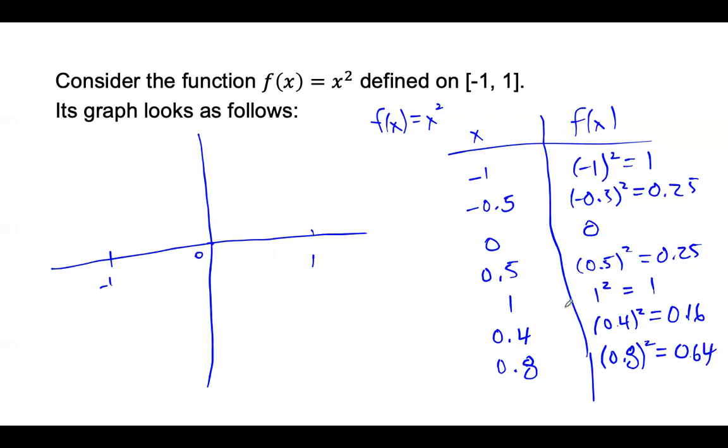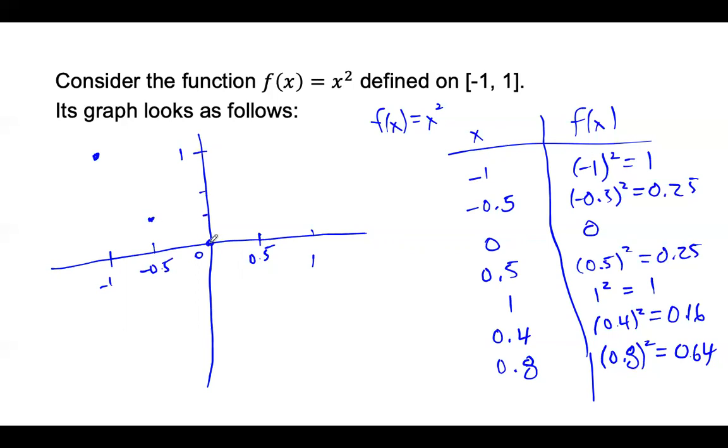So you can just make a table of values and then you can plot them. So this is your ordered pair, 0, 0. So that's your first point. Label maybe a few more points here. So at -1, we have 1. At -0.5, we have 0.25. So it's about here.